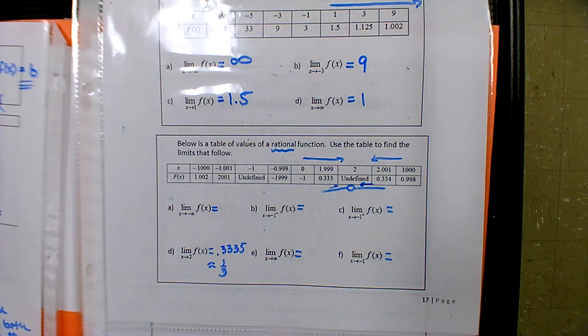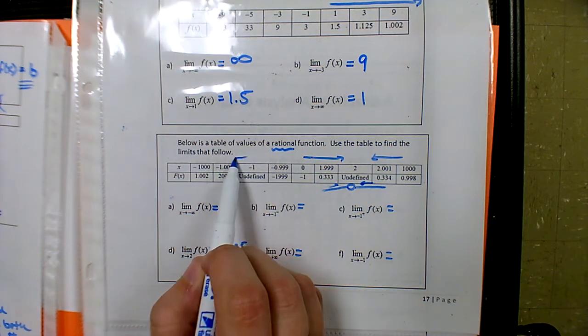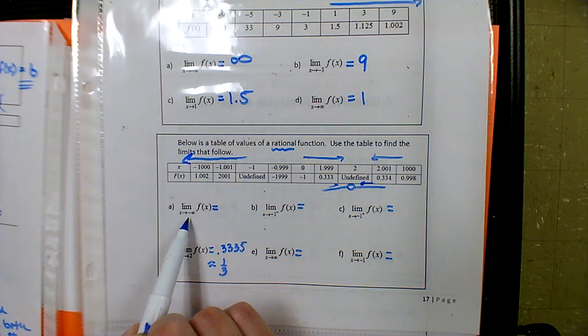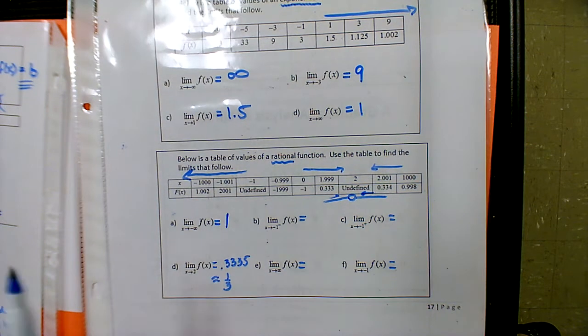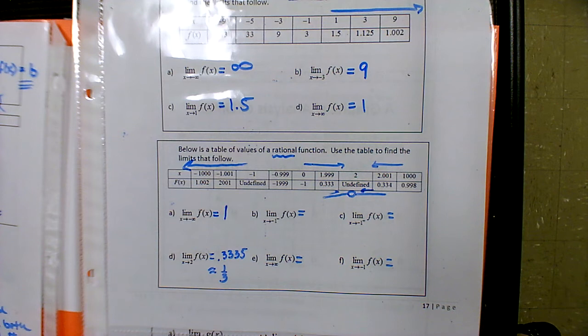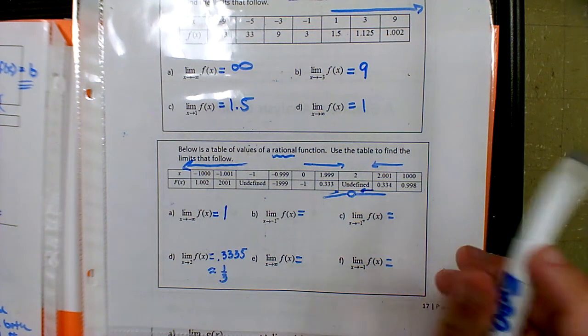What about any other ones? Any of the 5 that are left? Good, Braden? A is 1. As you trace the left-hand side of the table, forever towards -infinity, it looks like we're approaching 1. I like that. What about a 4? Go ahead. E is 1 as well as we go forever to the right.